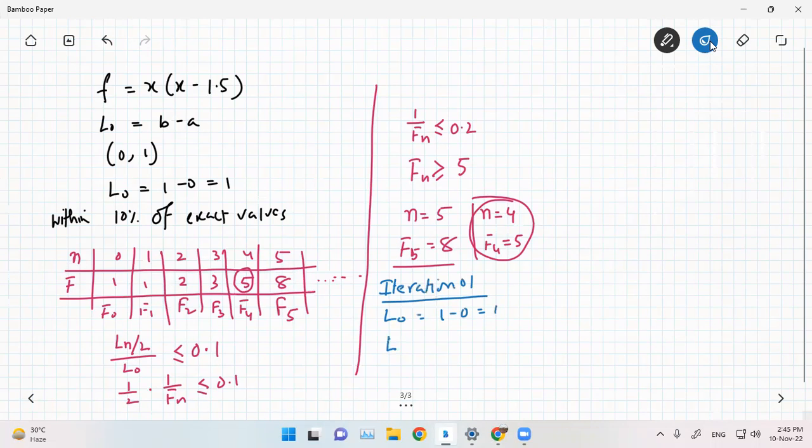So our L2 star will be 1. The condition is very simple: A is basically A plus L2 star. A is 0 plus L2 star.